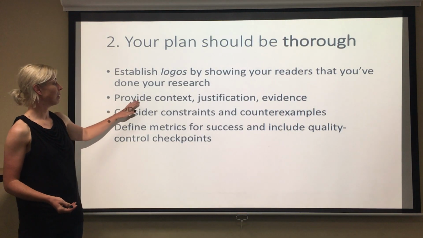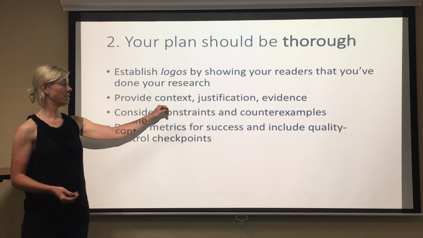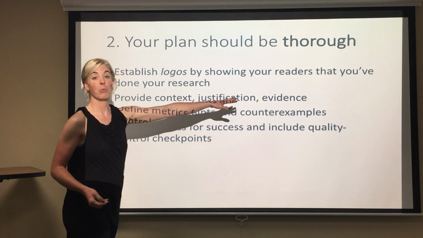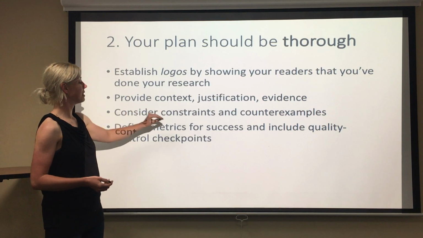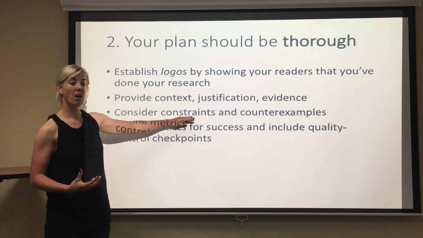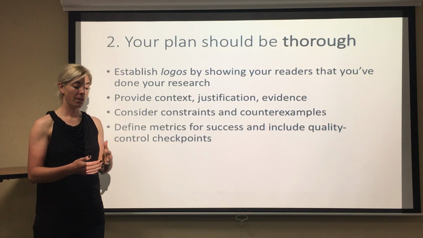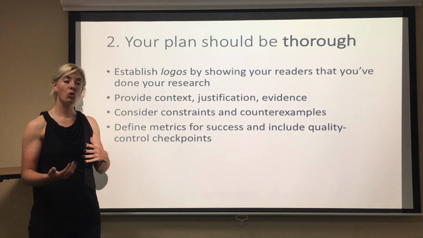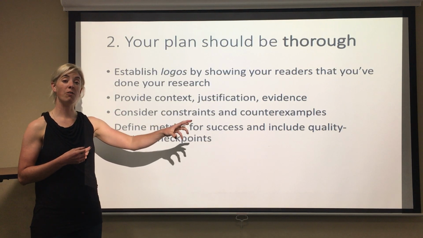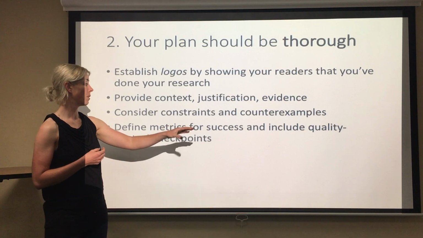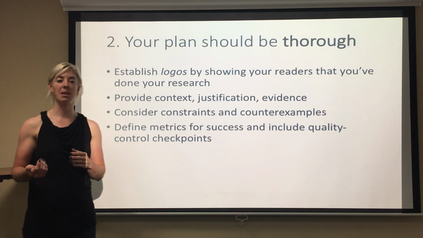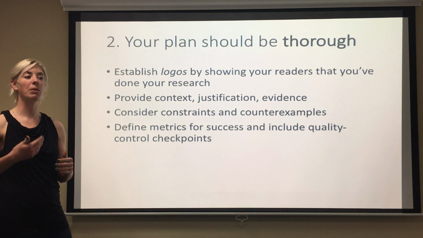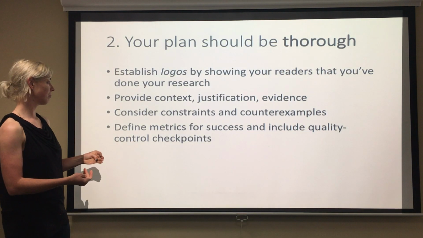So we want to provide context for our idea, justifying it with evidence, and we need to consider how that fits within the constraints of either the research or the requirements that the RFP has put forward, and also consider any sort of counterexamples or counterclaims that might have a hiccup in our own proposal.